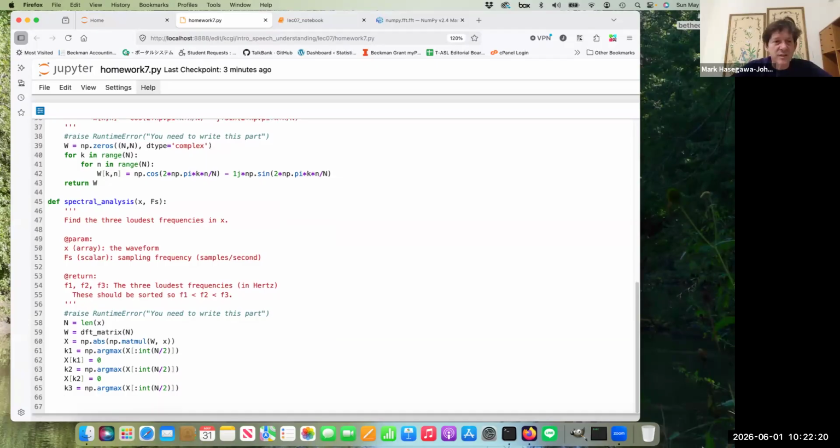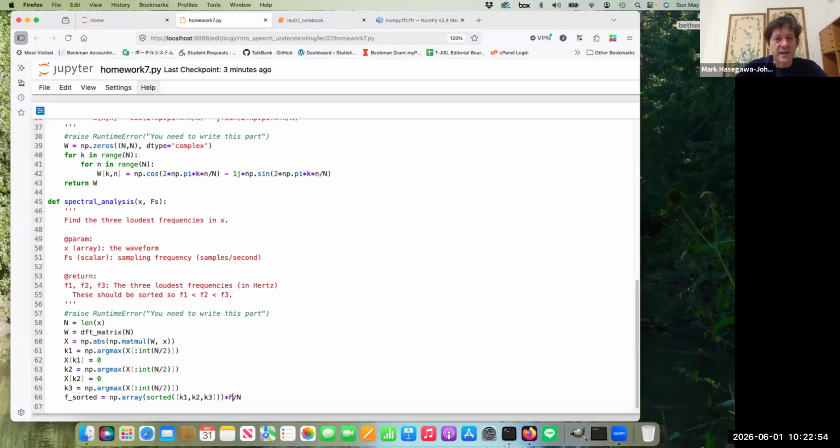Now we need to convert them into three frequencies F. So let's do K sorted is equal to sorted of K1, K2, and K3 because we want to sort them in ascending order, so F1, F2, F3, and then we want to multiply them times Fs over capital N. Let's make this an array so that we can do some operation.